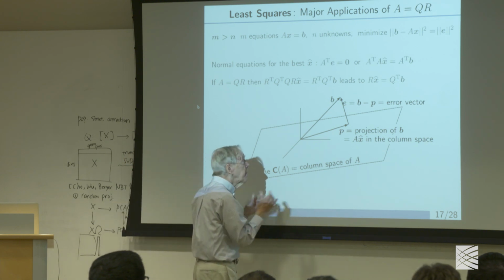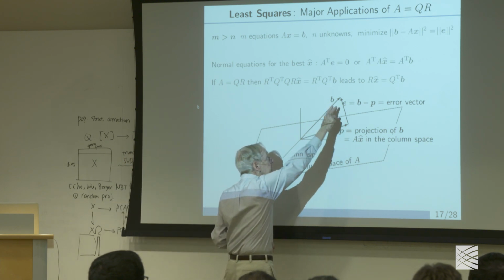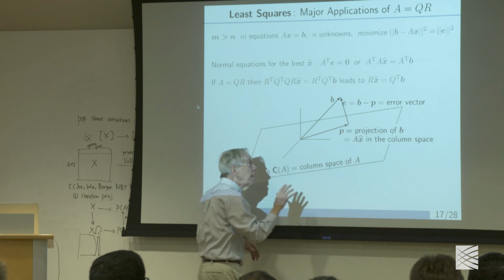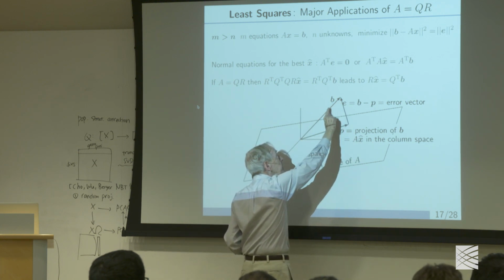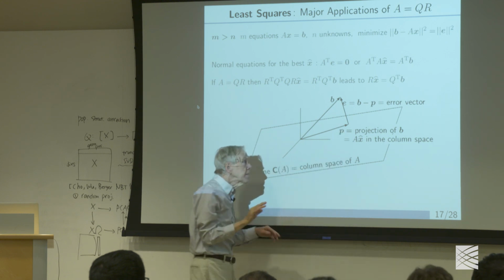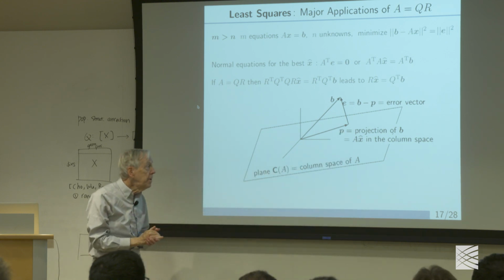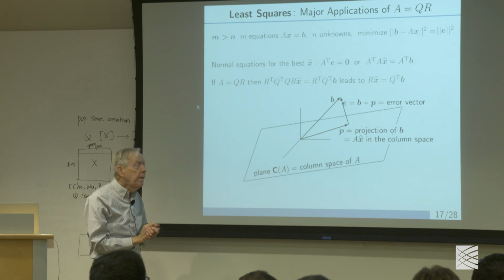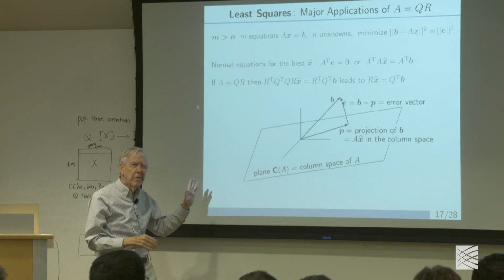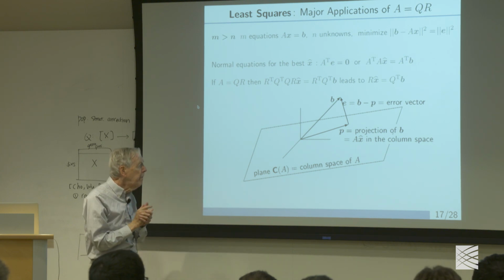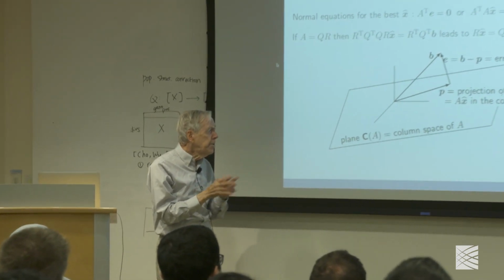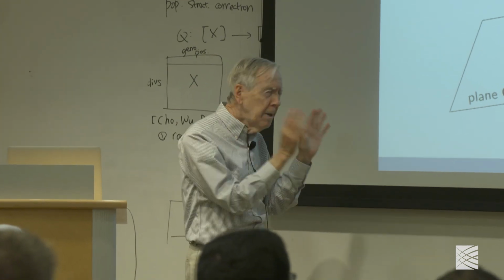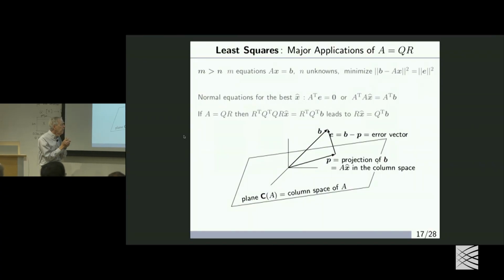So to get something solvable, you project down into the column space. You throw away part of B, the data B, and you keep the part that's a combination of the columns. Then you can solve. So projection is a beautiful picture of a key step in linear algebra. The geometry of linear algebra really is part of what to know. Okay.